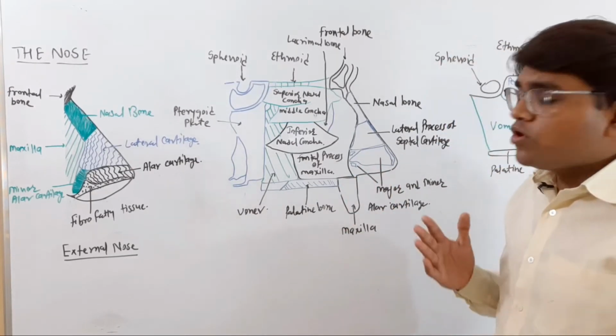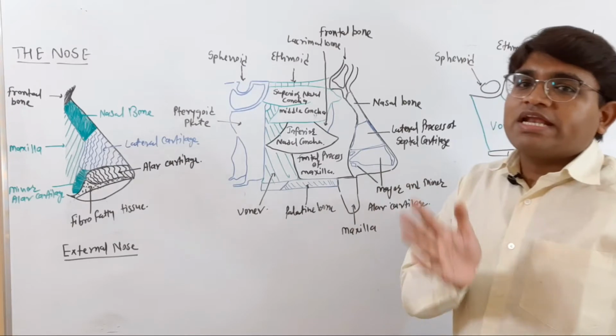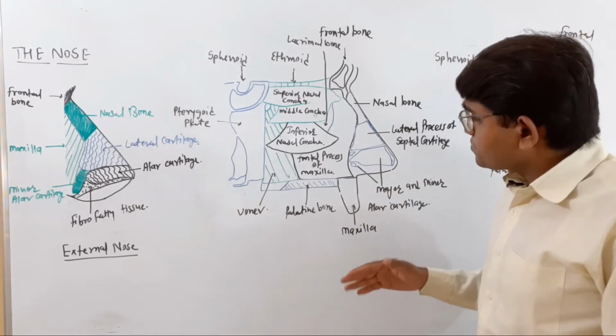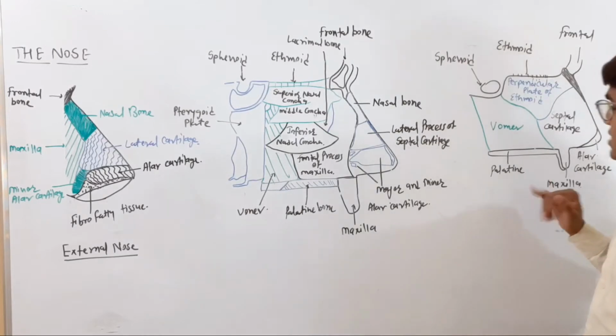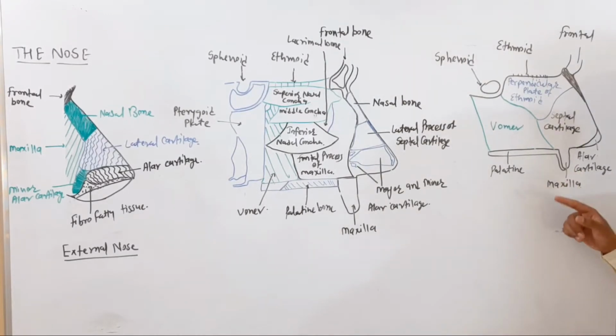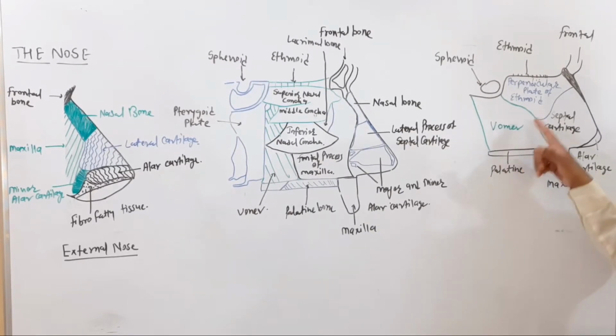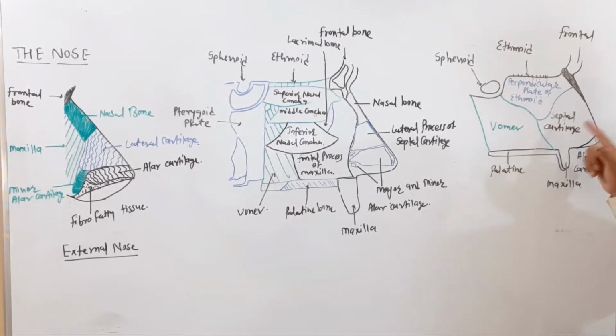Then there are two walls, the medial wall and the lateral wall. The medial wall is also known as the nasal septum. It is formed by bone and cartilage. The main bones participating are the vomer bone and the perpendicular plate of the ethmoid bone. On the anterior side, it is formed by cartilage.